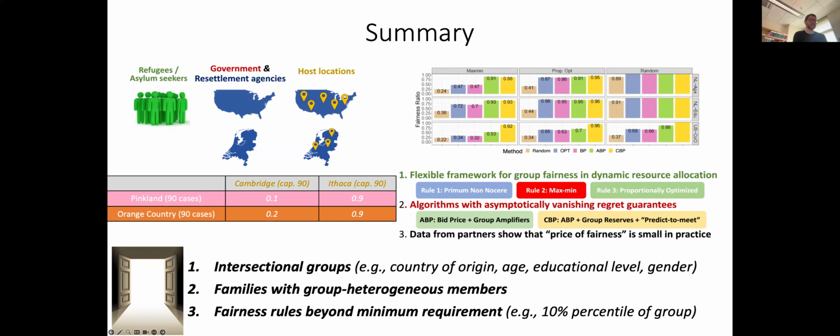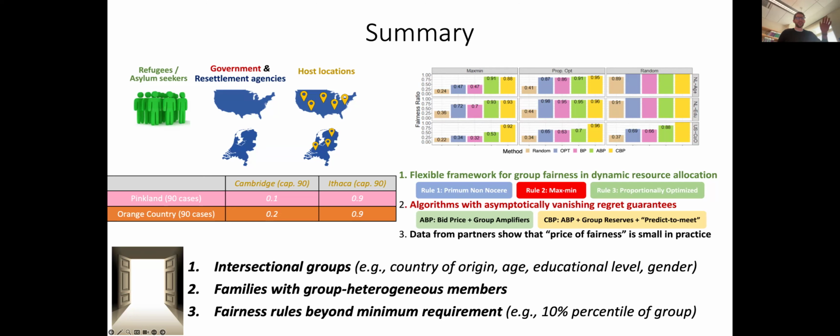All right, I'll just say 2 words maybe then on the possible extensions, because I think that there are interesting questions. They are not so much with respect to algorithms, but even just with respect to how to model it, which I think should be of interest to this group. In the refugee setting that we're in, each case is not just one person. It's potentially a family. And the assignment of a case needs to be to one place.